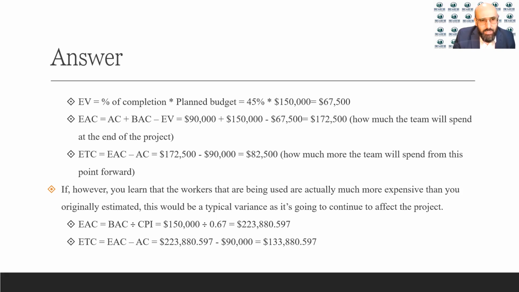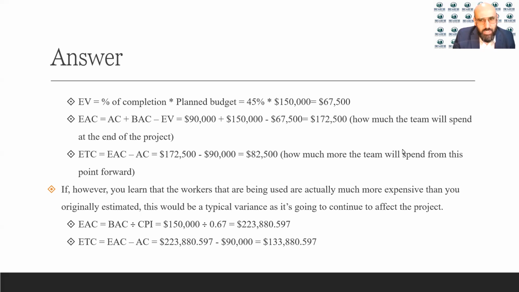And then the EAC, the estimate at completion, would be the actual cost plus the BAC minus the earned value, because this is only a one-time incident. So 90,000 plus 150,000 minus the earned value 67,500 gives $172,500.